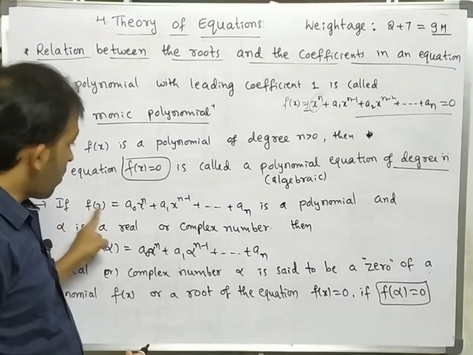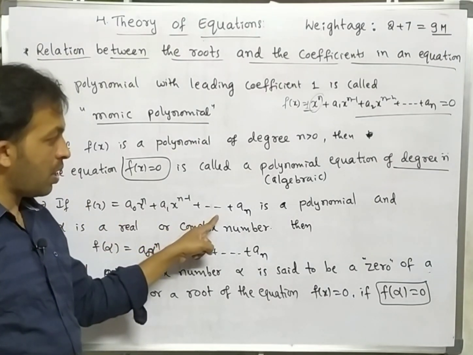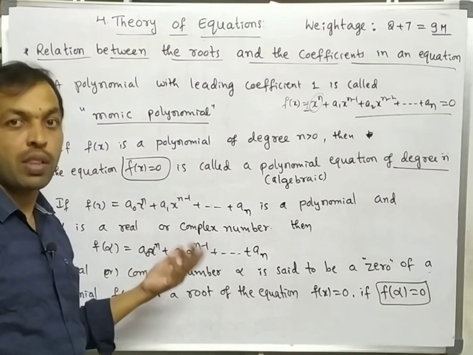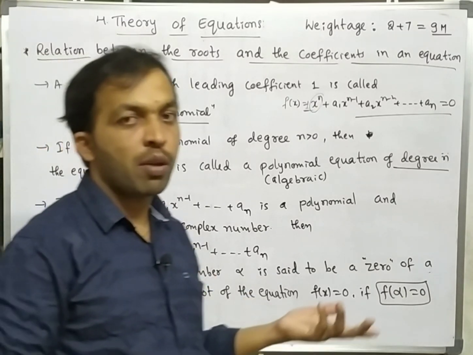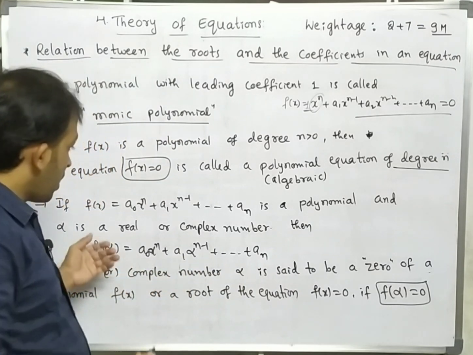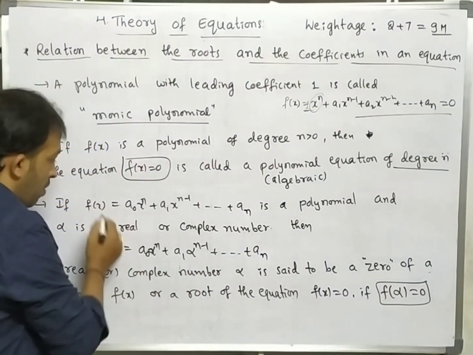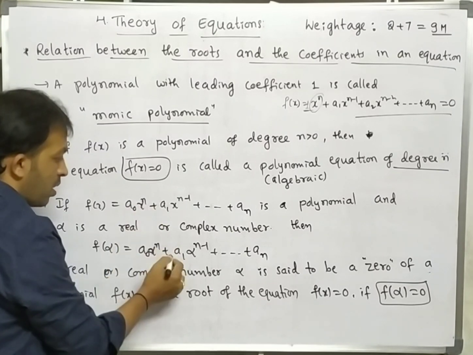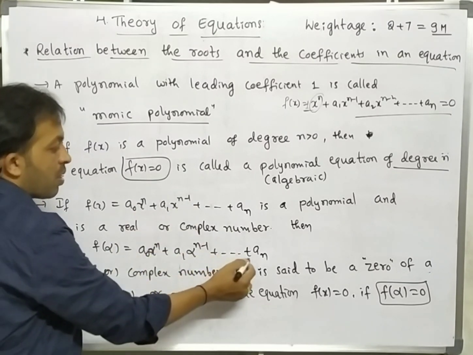Next, if f(x) is a polynomial and alpha is a real or complex number, simply a complex number, then if we replace x with alpha, f(alpha) = a0 alphaⁿ + a1 alphaⁿ⁻¹ + ... + an.